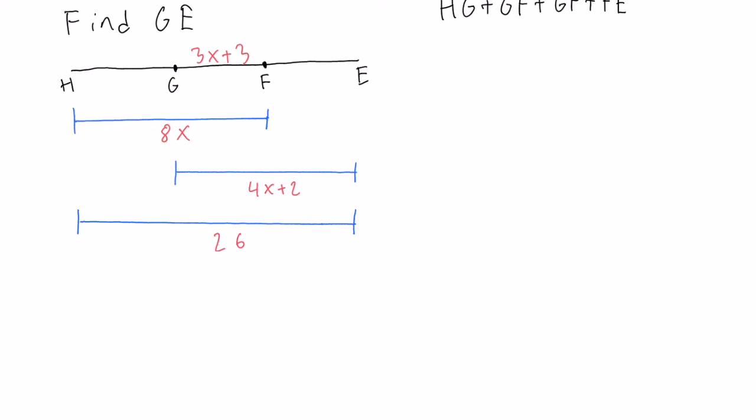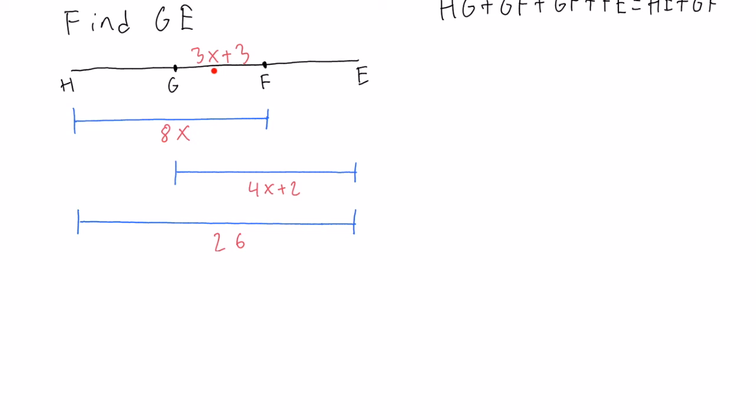Now, if we added HG, GF, and FE, that would give us HE, but with an extra GF. So that means when we add our 8x and 4x plus 2, that'll equal 26, but then we have to add an extra GF, 3x plus 3.